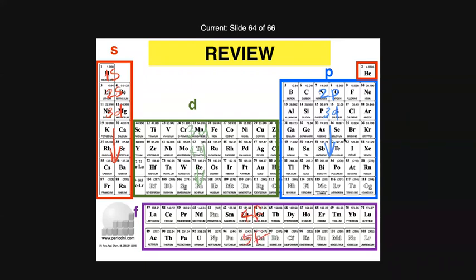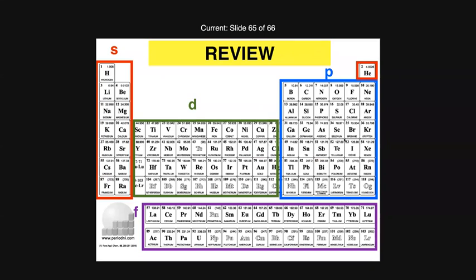But the expectation for our course is that you should be able to write electron configurations up until element 56, which is barium. So pretty much everything up until here is the expectation for the exam.